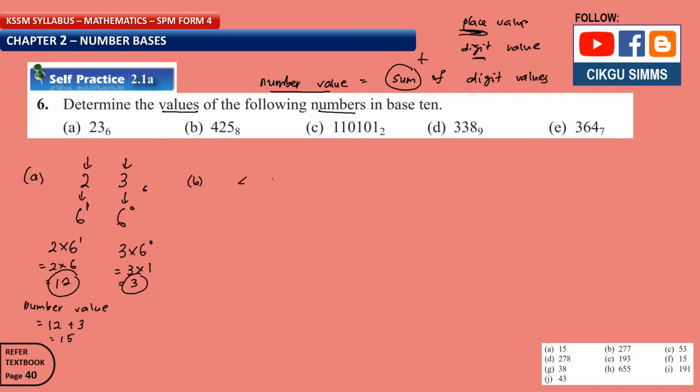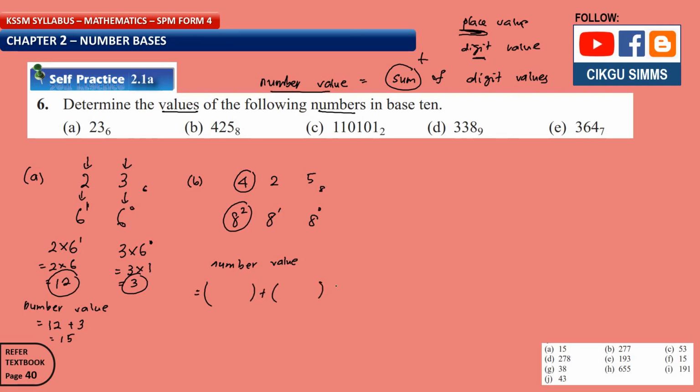Okay, B, 4, 2, 5, base 8. So you bring the 8, 0, 1, 2. And then your number value, you can write like this. I have 3 groups, right?